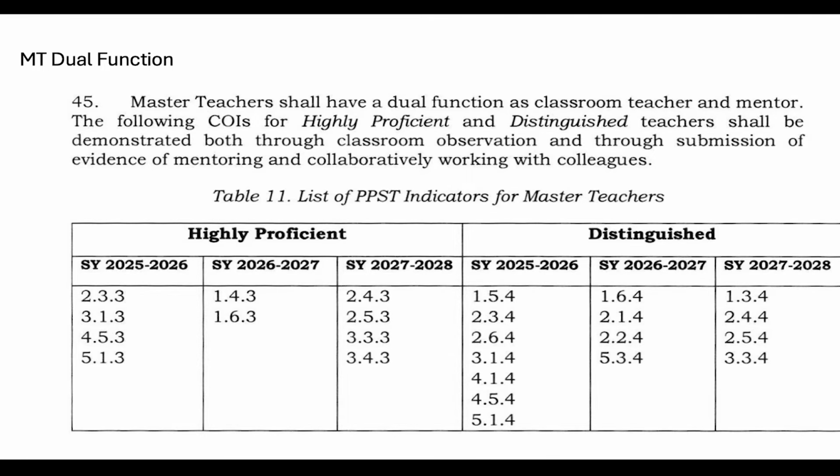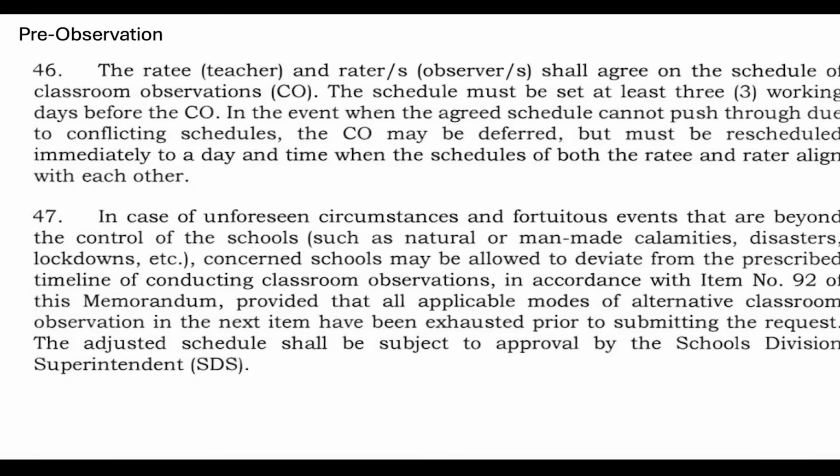In short, you will be rated based on these indicators during your performance, and you will also have to submit MOVs to prove that you have shared your expertise on this indicator with the teachers under you. That's why we call it dual function.